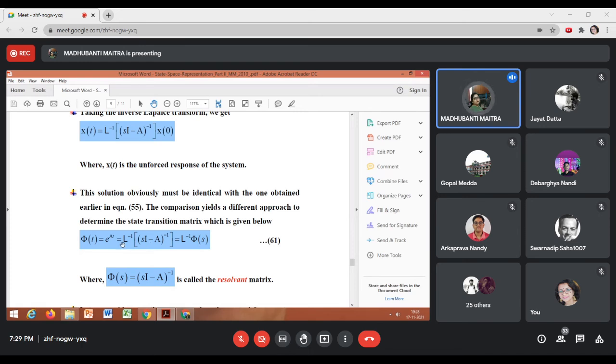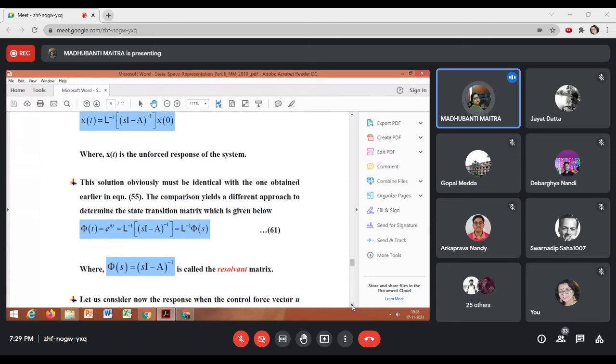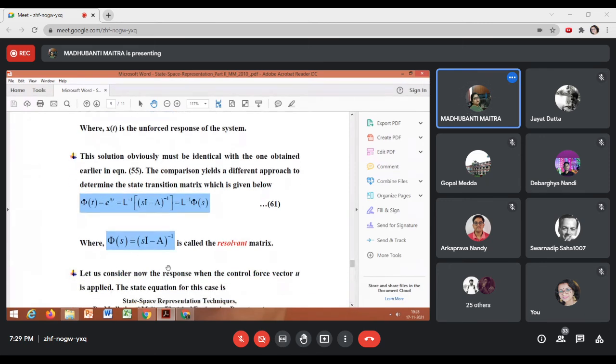So this is Laplace inverse of phi s, and this phi s, this particular matrix in the transform domain, is called the resolvent matrix. So phi s equal to (sI minus A) inverse is called the resolvent matrix. And Laplace inverse of the resolvent matrix is our state transition matrix.